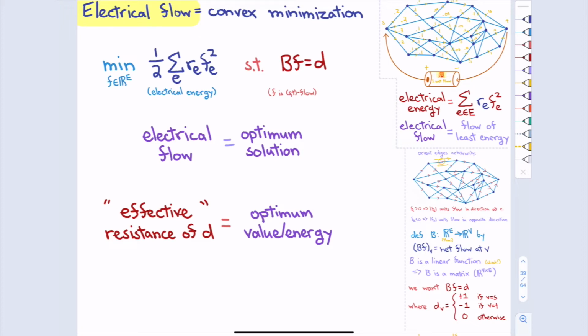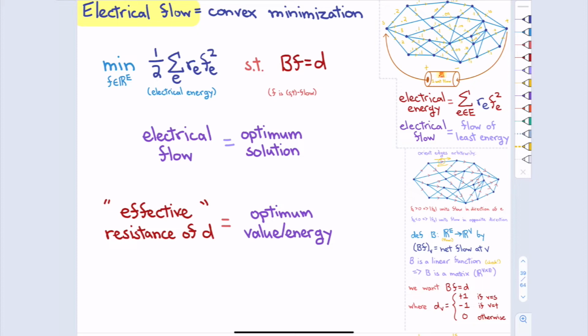Sorry. Okay. So if we look at our optimization problem, at some level the graph is fixed, right? So B is fixed and R is fixed. And F is actually not input, right? Because the algorithm chooses F. The only remaining input is D. So if you choose D, out comes some perfect choice of F for it, along with some corresponding electrical energy.